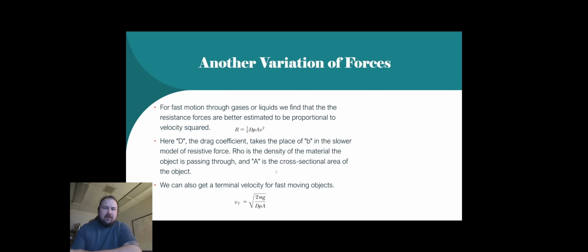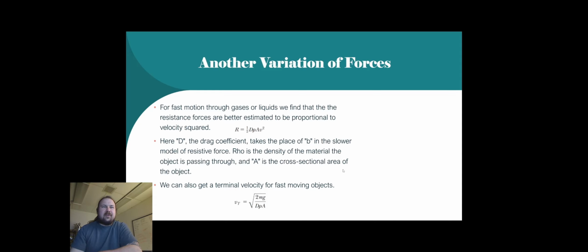An example of this, let's say a frisbee. If you throw a frisbee and it travels through the air in the horizontal direction, you would have a very small cross-sectional area. You're only seeing the lip of the frisbee as it glides through the air, and you'll notice that it glides through the air much easier this way than as the circle, putting the face and trying to shove the face through the air.